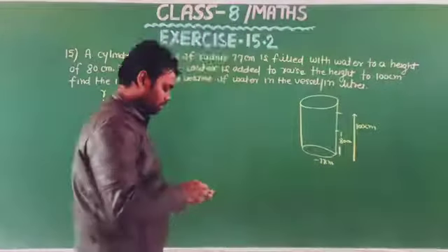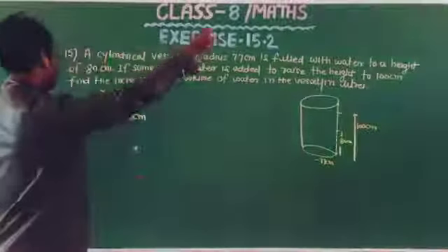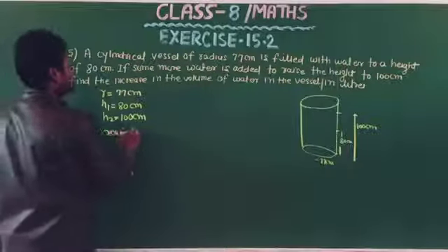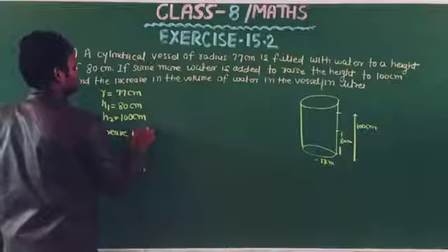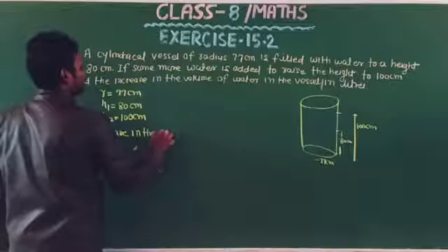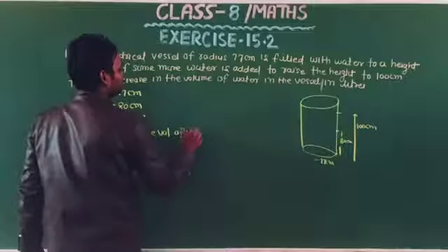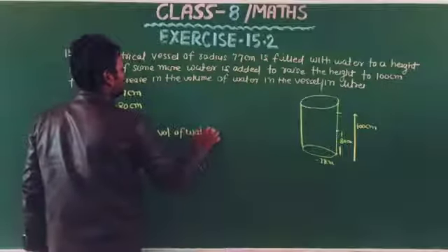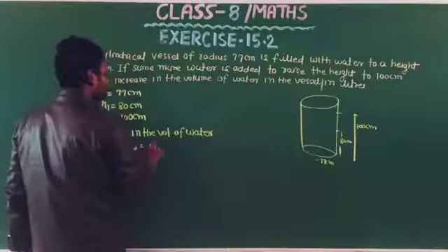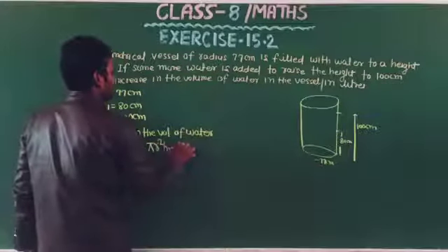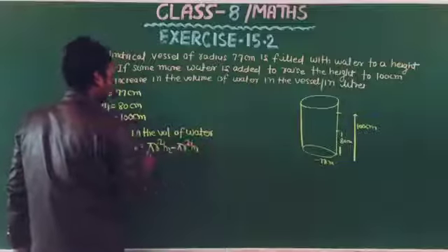So the increase in the volume of water is equal to pi r squared h2 minus pi r squared h1.